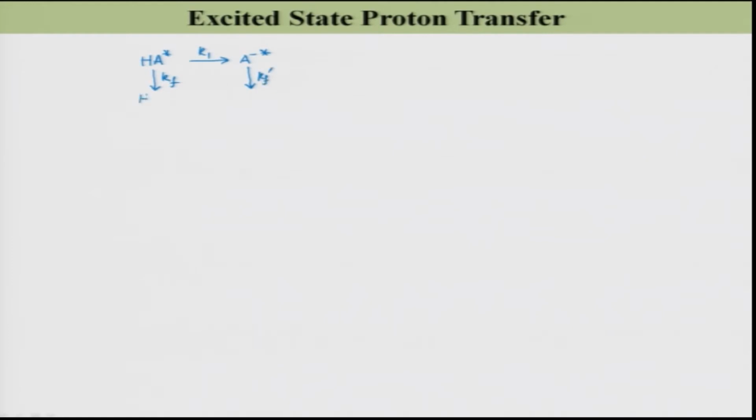With this rate constant it will form the ground state of HA, and with the other rate constant it will form the ground state of A minus. So my whole model for the excited state proton transfer from HA star to A minus star has three different rate constants: Kf, Kf prime and K1.